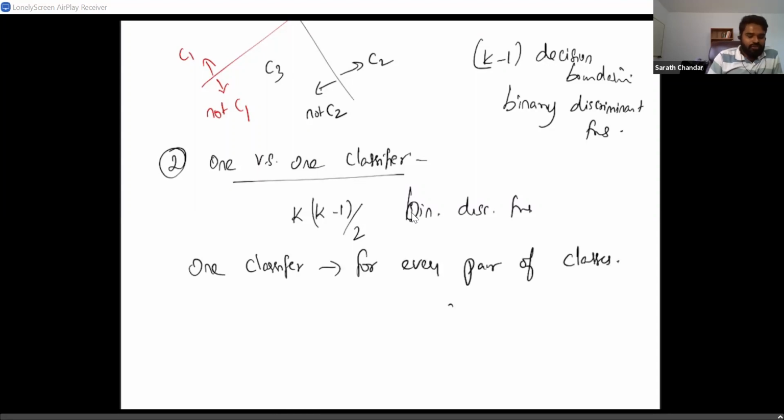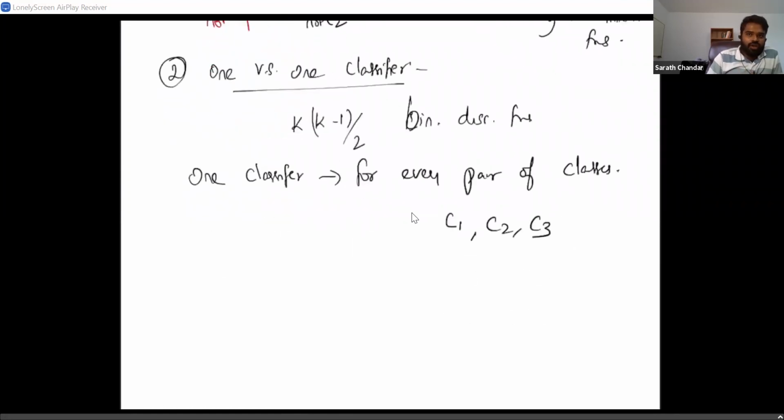If you have C1, C2, C3, you are going to have C1 versus C2 as one classifier, then C1 versus C3 as another classifier, and C2 versus C3 as another classifier.